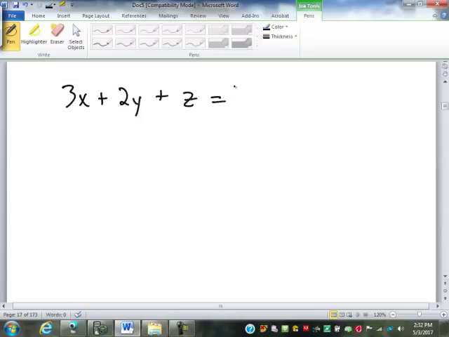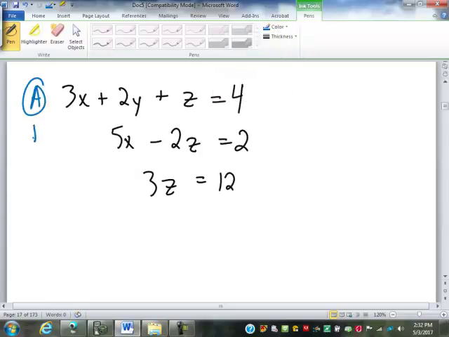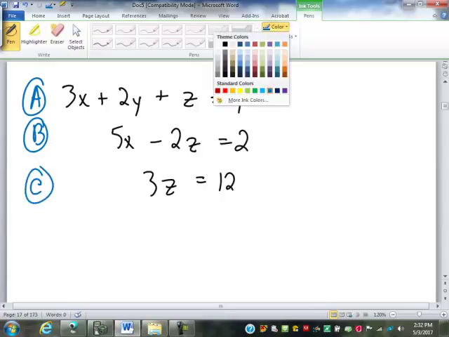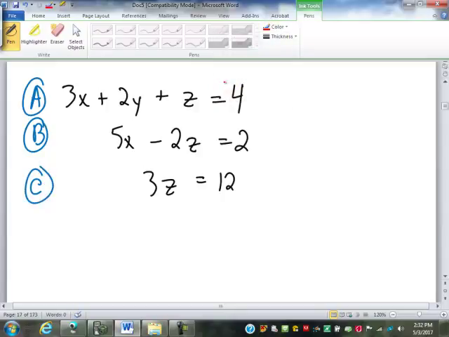3x plus 2y plus z equals 4. 5x minus 2z equals 2. And 3z equals 12. So I'm just going to label these equations A, B, and C. Well, in looking at this, it is a system of equations, but it's not a very difficult system to solve because equation C here has only one variable, only has variable z in it.